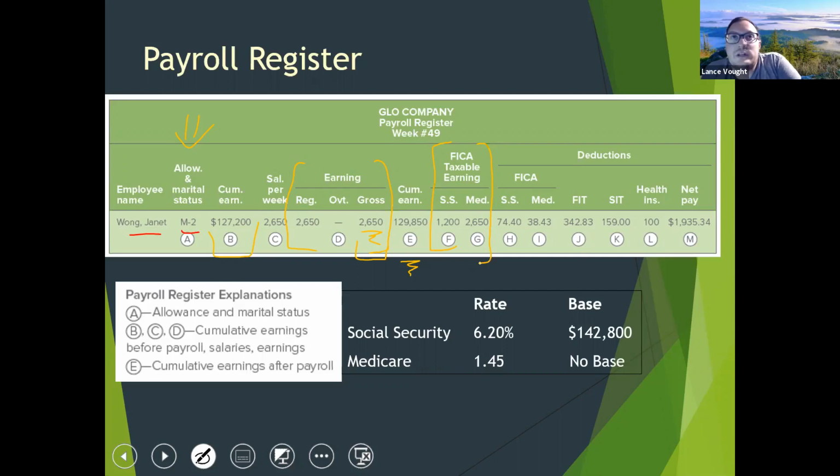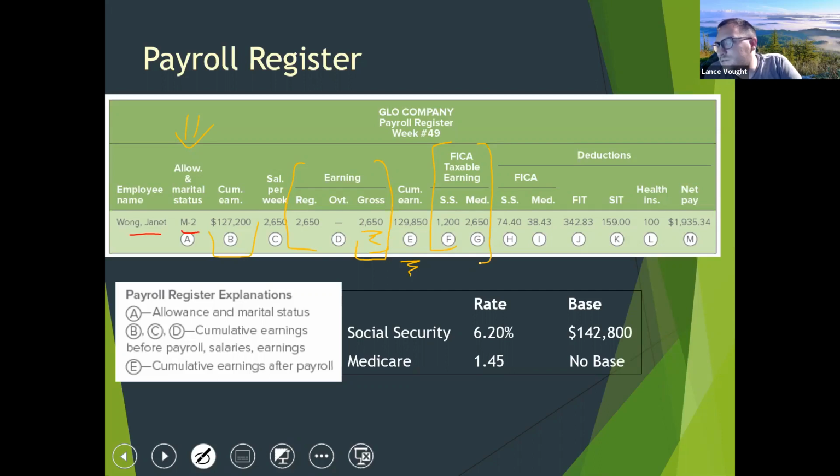But if it was 2021, she'd actually have to pay the full 6.2% on the $2,650. So her Social Security would be higher in 2021. But again, Social Security is 6.2%, and there's a cap at $142,800, which unfortunately probably most of us will never make enough beyond to not pay into Social Security.